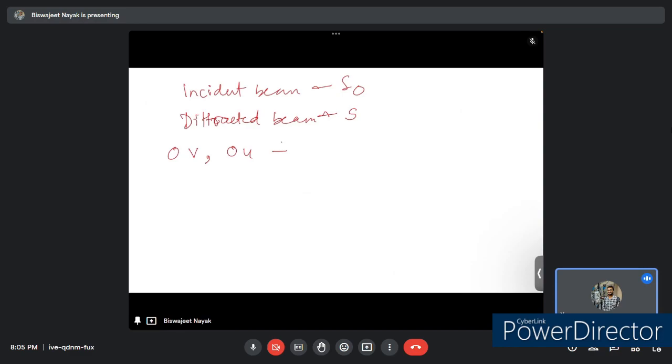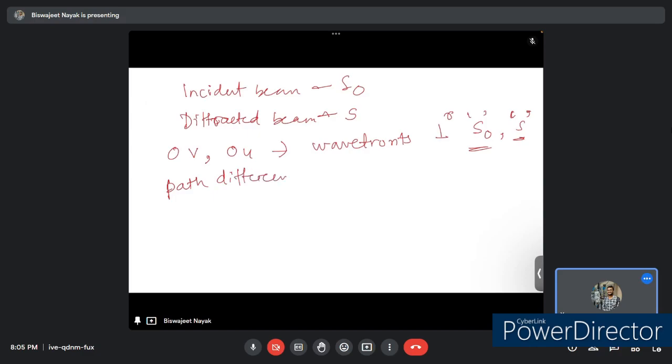OV and OU are wave fronts perpendicular to the incident beam S0 and the diffracted beam, perpendicular to both of them.